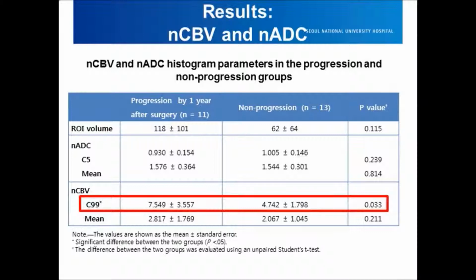Among perfusion and ADC parameters, the C99 of the cumulative nCBV histograms on immediate post-operative MR imaging was significantly higher in the progression group than in the non-progression group. However, we could not find significant differences of mean nCBV and other histogram values from nADC maps between the two groups.